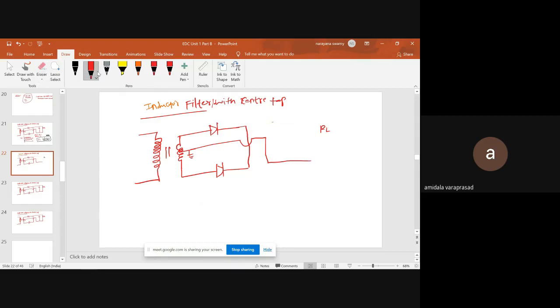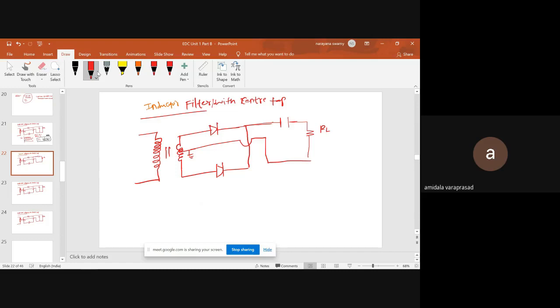Here it is RL, then I need to place the inductor.